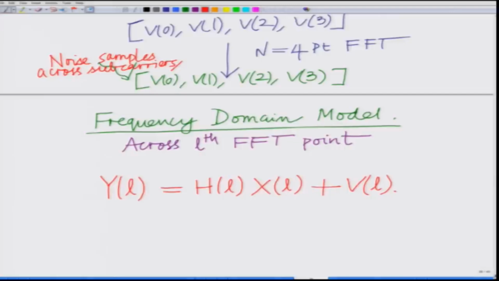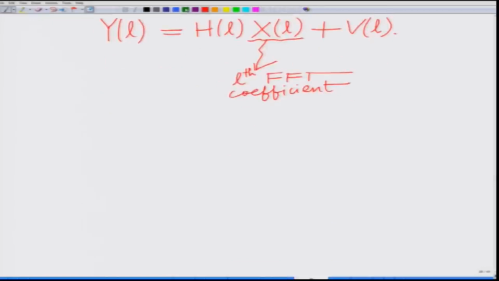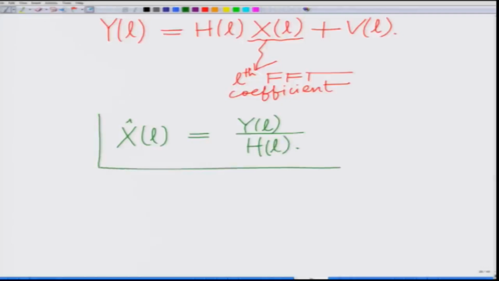Okay. Now, we can perform frequency domain equalization, that is, one can estimate this Lth FFT coefficient. Remember, this is the Lth FFT coefficient. Now, we are doing estimation in the frequency domain. We estimate this Lth FFT coefficient. Now, you can see this Lth FFT coefficient can be estimated as X hat L equals YL divided by HL, that is what you can see.